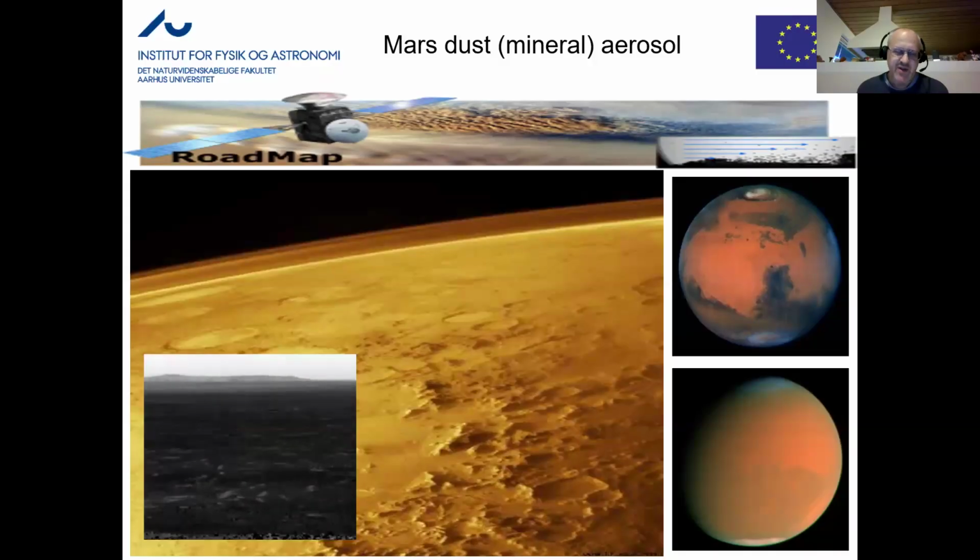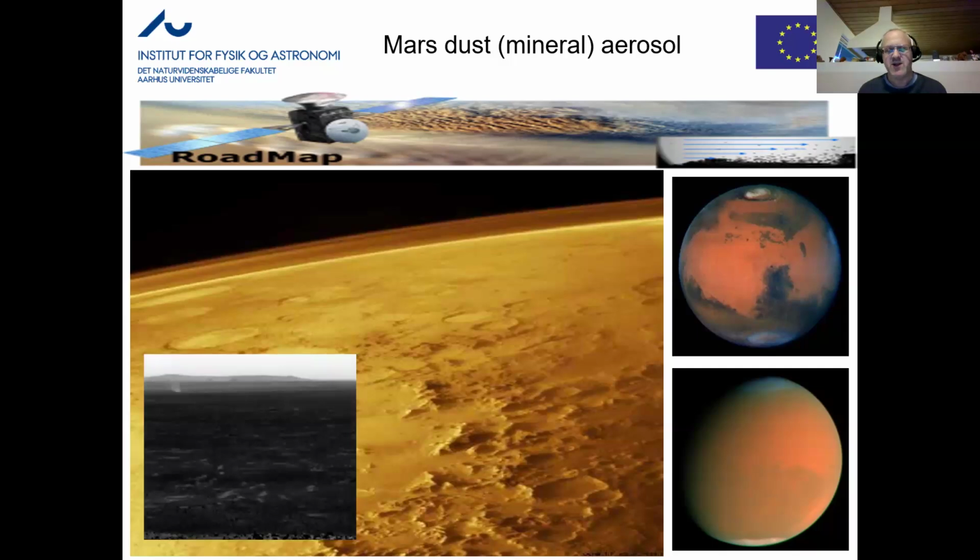Since the 70s, it's been known that dust is actively transported. It's not difficult to see. The picture you see of Mars in the background there, you can see the atmosphere. It's why it's a pretty cool photo. You can see the orange atmosphere full of dust. And the two photos on the right are before and during a global dust storm.